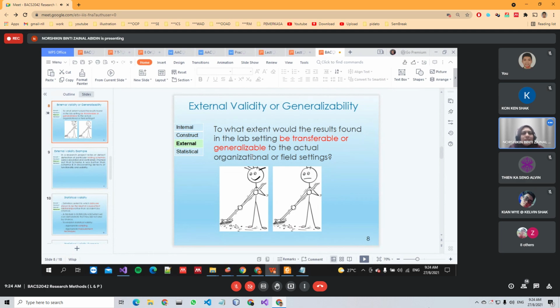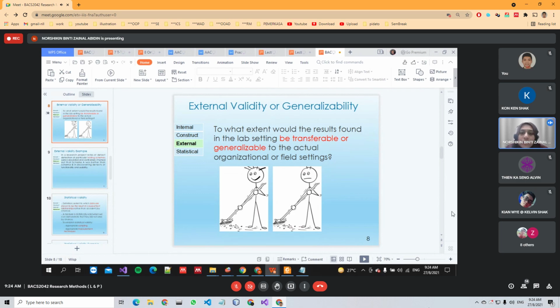This one I can relate to the assignment by group Rachel, Celine, and Ivan, if I'm not mistaken. That means, for example, online class: how much does it affect the working attributes that the students get during the online classes due to COVID-19?